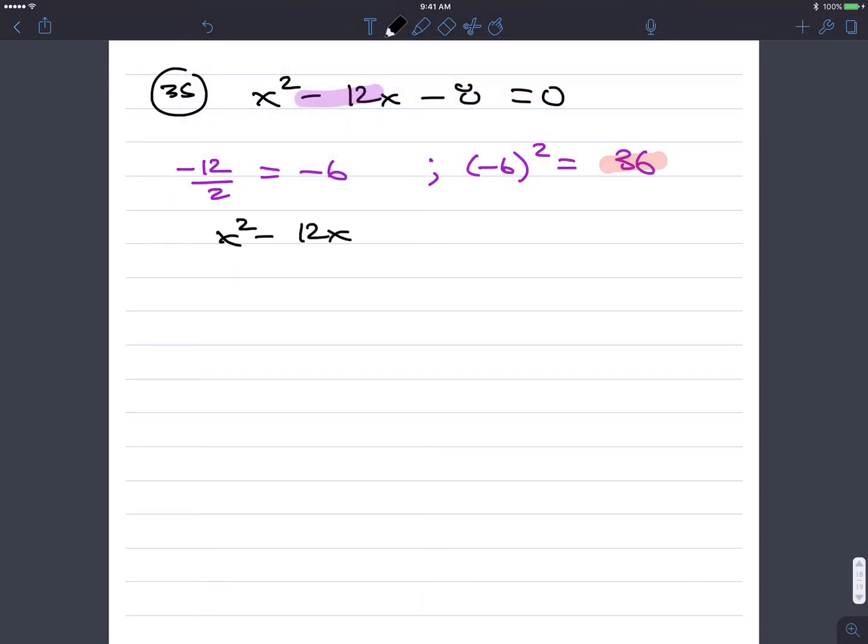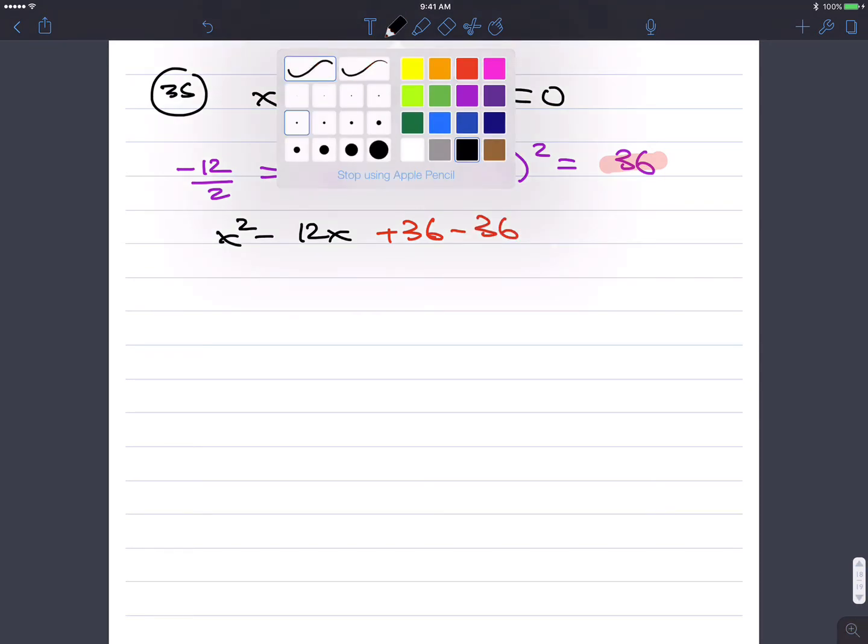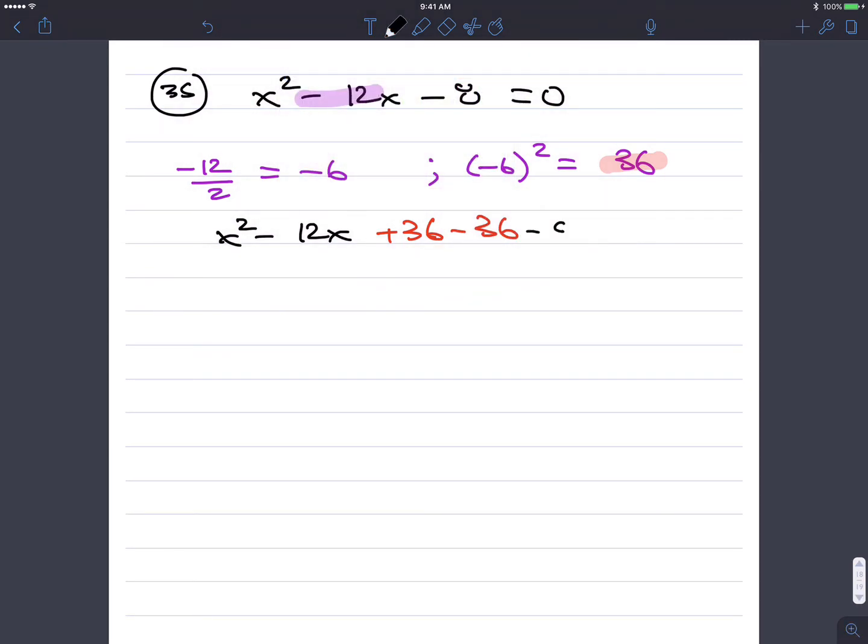X squared minus 12x plus 36 minus 36 minus that 8 is 0. Factor the first three terms. We get x minus 6 squared. Add the last two. That looks like it's a minus 44 is 0. That's what it looks like.